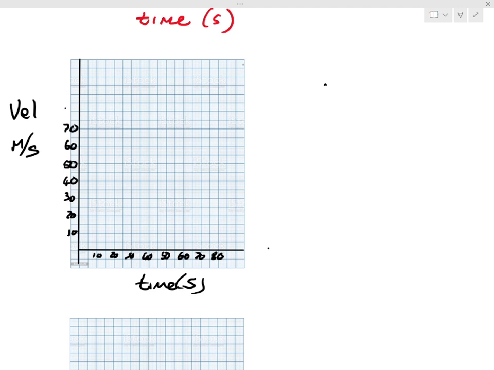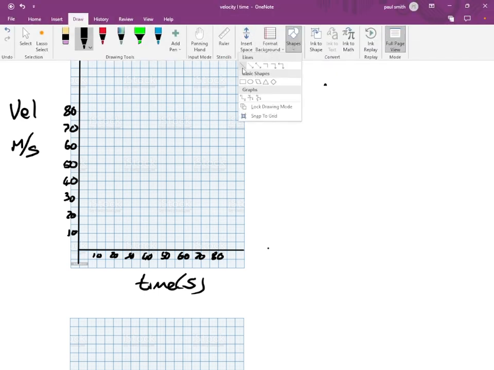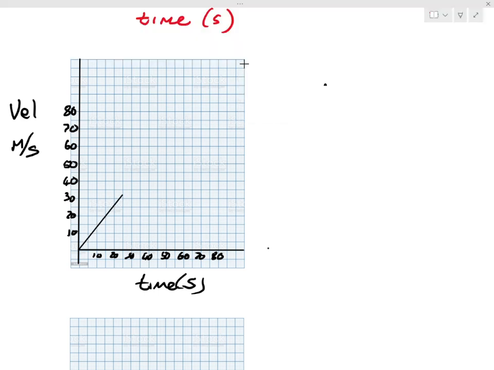So what I'm going to do with this one is see whether I can actually work out acceleration. Okay, so let's see whether I can draw. Go to there.